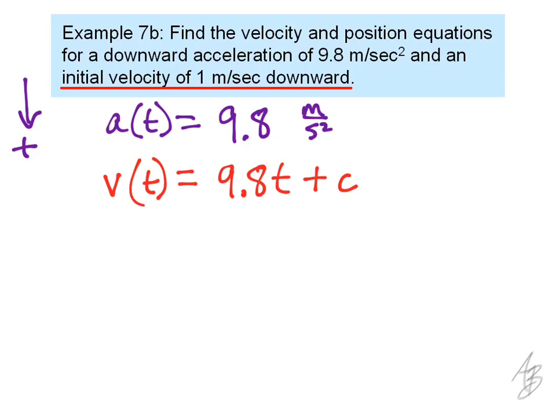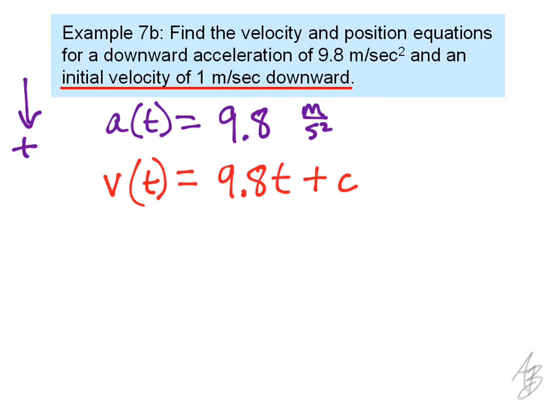And what are we going to do to figure out what that constant is? We're going to use the given information, the initial conditions here. In this case, the initial velocity is 1 meter per second downward. What are our units on velocity going to be? It's going to be meters per second. So that's consistent with the initial velocity here.